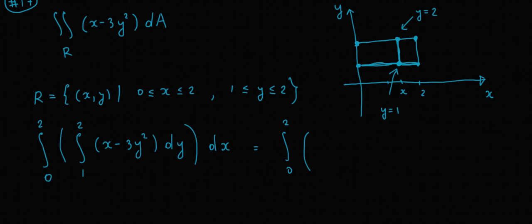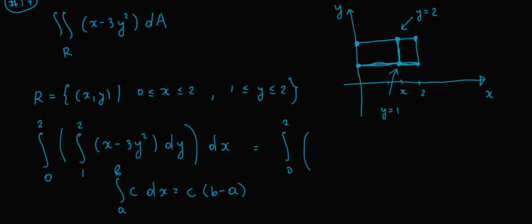We can use the following very useful formula: if you're integrating a constant, let's say c, over whatever variable, x or y, doesn't matter, the result is equal to that constant c times the length of the interval of integration. So c times b minus a. Of course, you can find the antiderivative of the constant, plug in the endpoints, take the difference, and that is exactly what you will see.